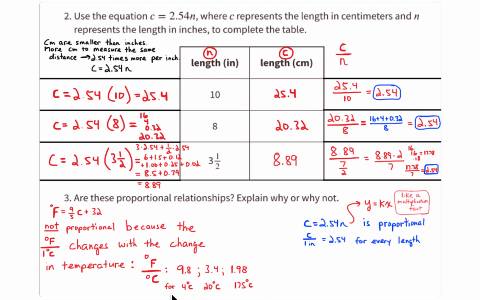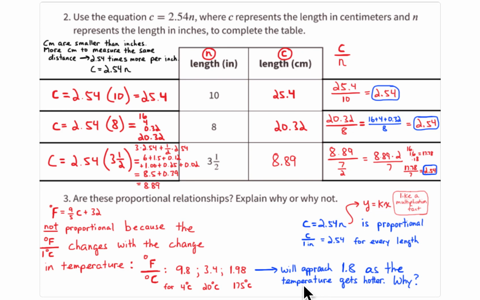All right, so let's take a look at what's going on here. This will approach 1 8/10 as the temperature gets hotter and hotter and hotter, and the question is why? So if we go back to this formula right here, notice that 9/5 is 18/10. 2 times 9 is 18, 2 times 5 is 10, so that's 18/10. That's this 1 8/10.